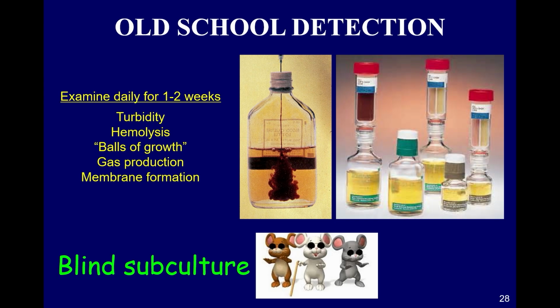And then the next big advance was this Septi-Chek system. It's essentially the same thing, but then you would open up the septum and screw a paddle on top after about 2 days. When I was in college, it was my job to stick the paddles on top of the blood culture bottles. I did that for a whole summer.